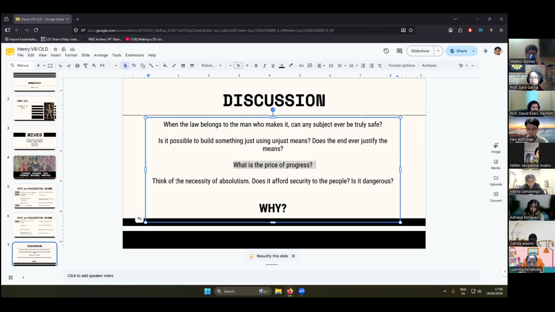And then we have the last one. Think of the necessity for absolutism. Is absolutism, or decisive unilateral decision making, necessary, especially considering that Henry ruled in an era of genuine instability?